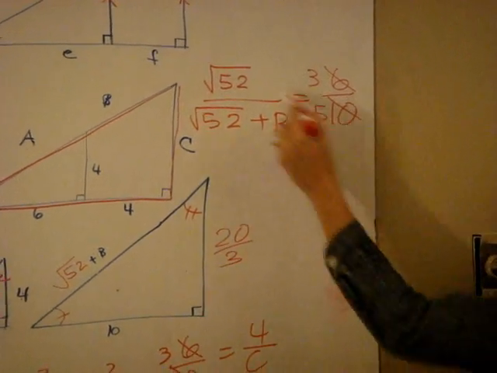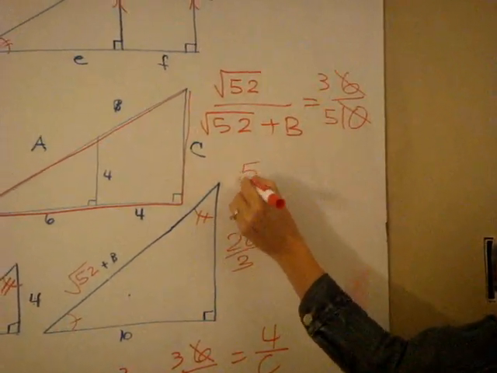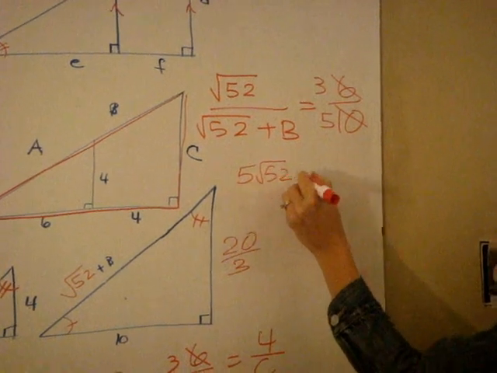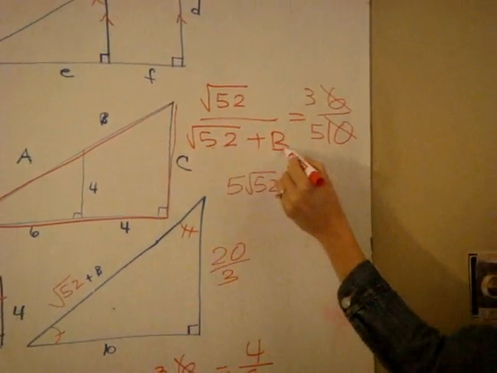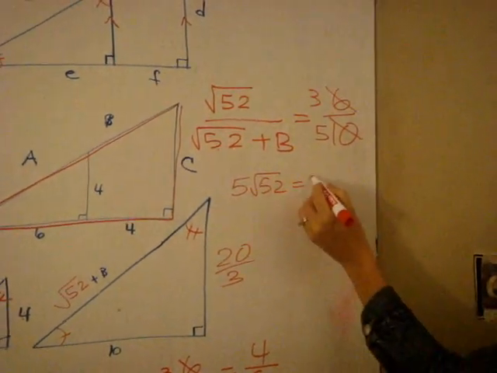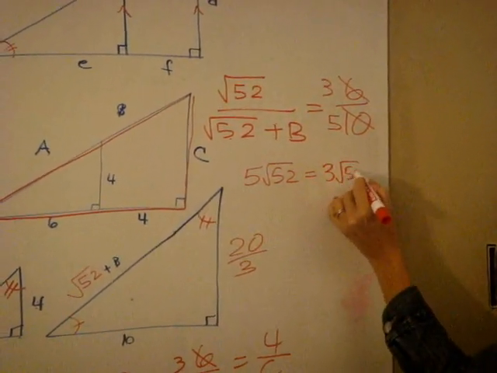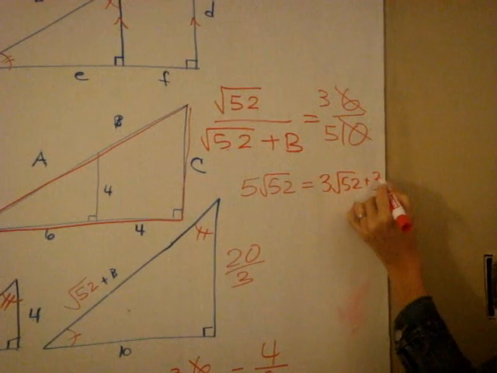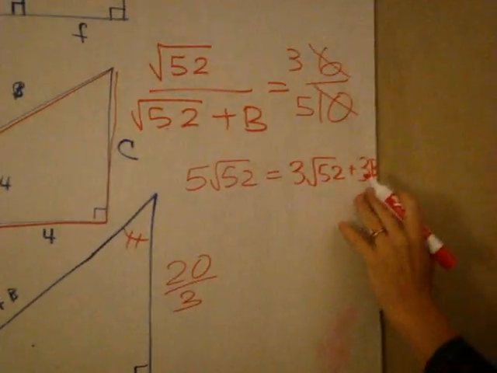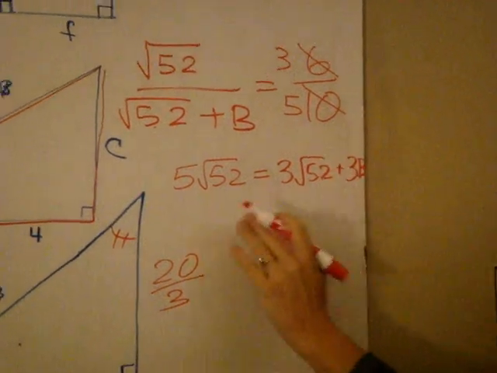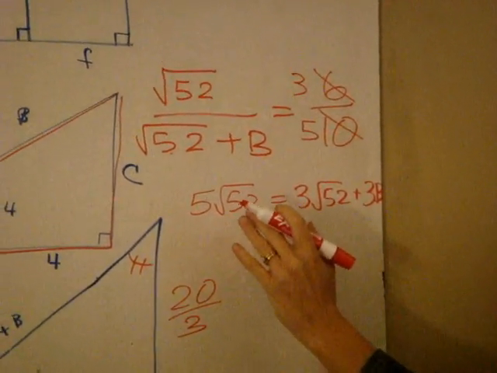But we can, once again, cross multiply. So that's going to be 5 square root of 52 equals, once again, 3 needs to go times both of these because of the distributive property. So it's going to be 3 square root of 52 plus 3b. Our job is to find b, so we want to subtract 3 square root of 52 from both sides.